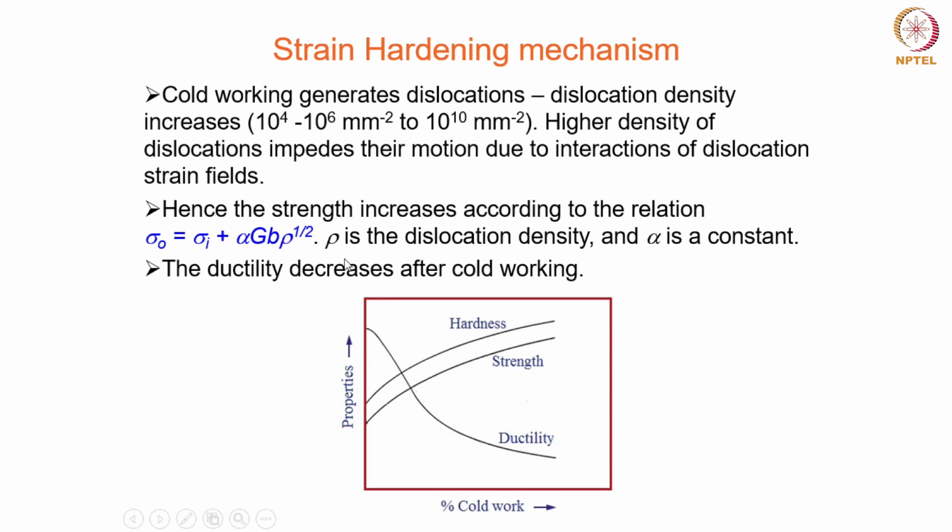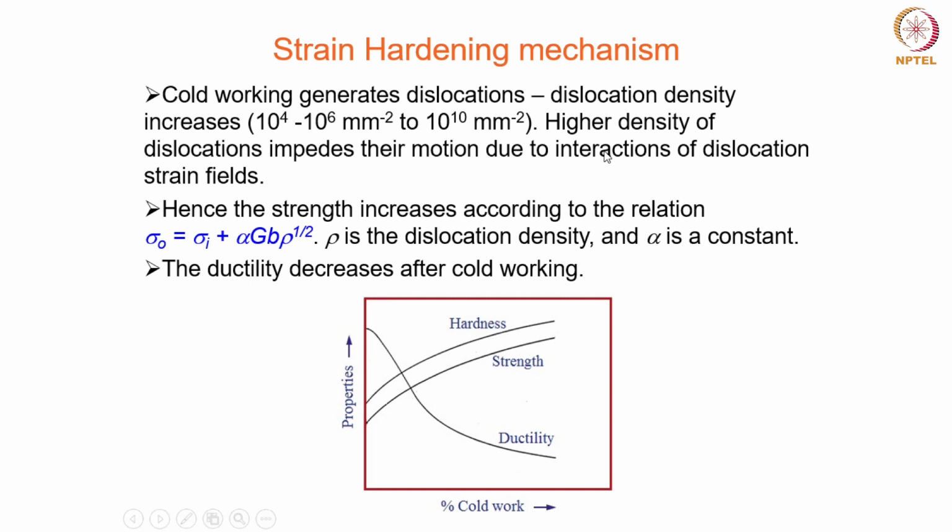So what happens is, when you increase the number of dislocations, when the other dislocations move and encounter these dislocations which are now present in large quantities, the motion of the dislocations over the slip planes will be hampered due to the presence of other dislocations in their path. That's what I mean by dislocation interactions.